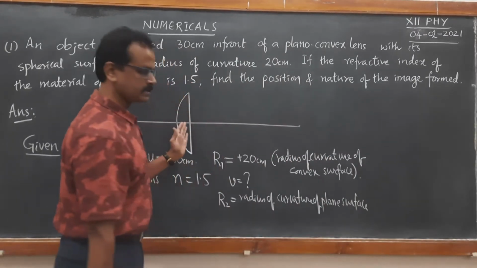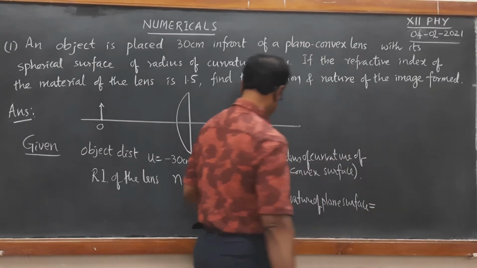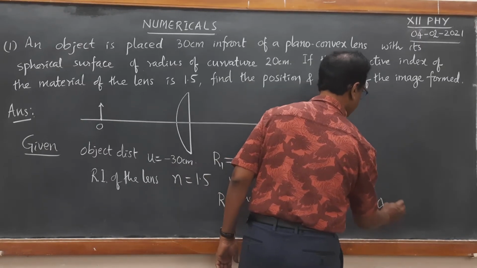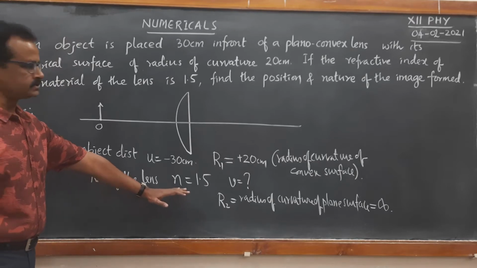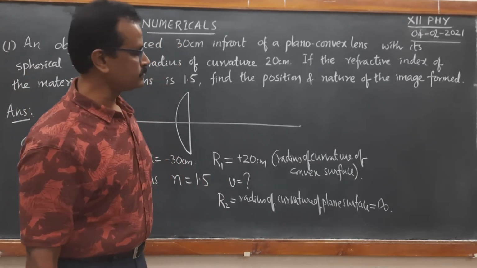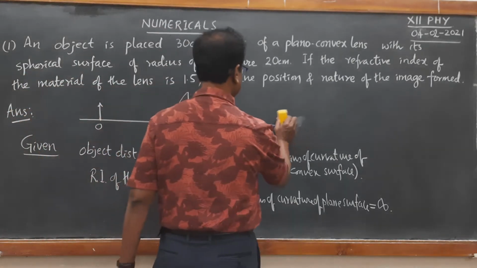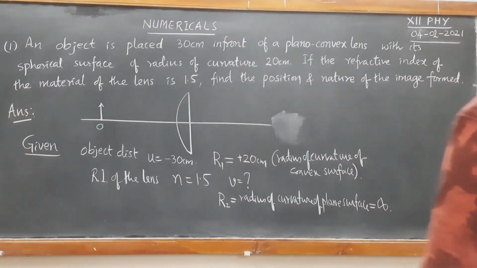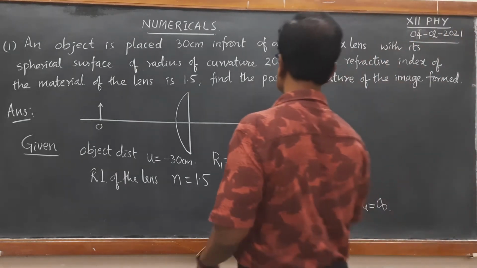Since it is a plane surface, it is having radius of curvature infinity. This should be remembered, it's very important. Now, in order to calculate V, we use lens maker's formula. Okay, applying lens maker's formula. So I am writing lens maker's formula.